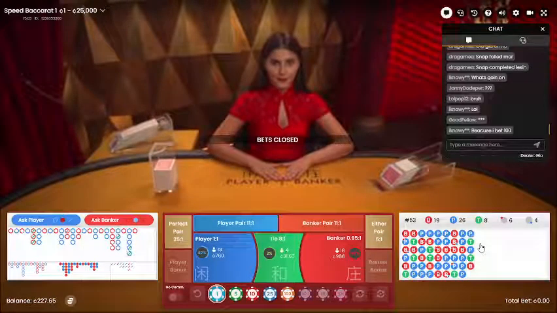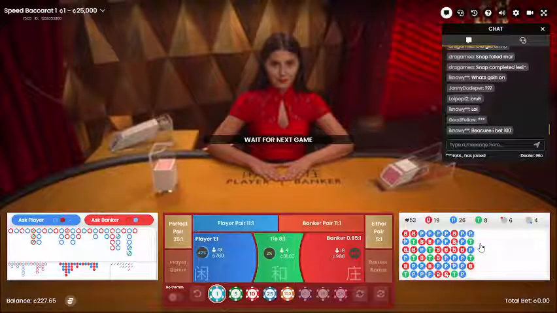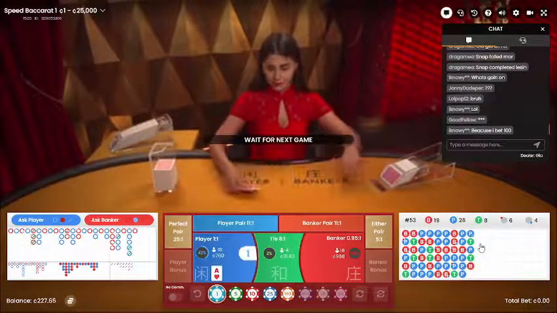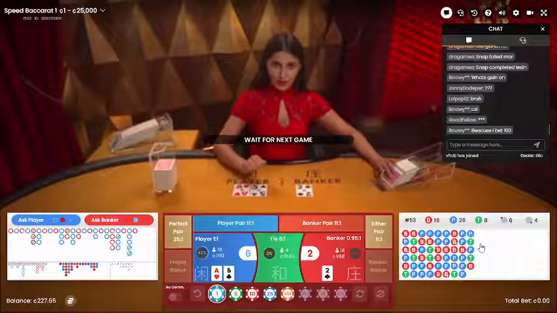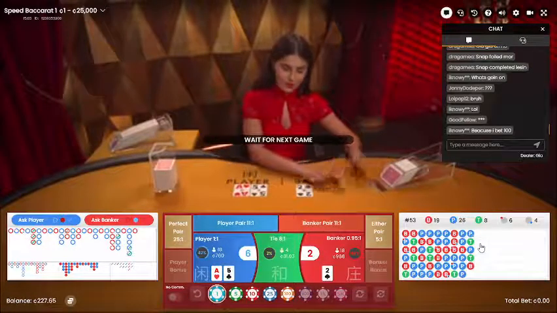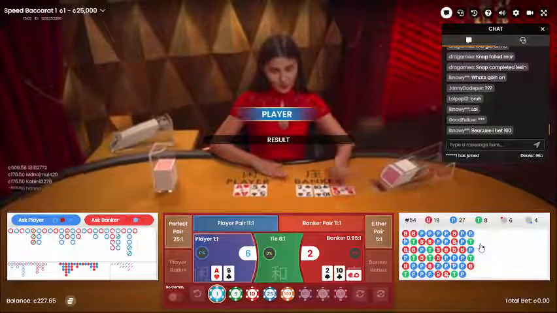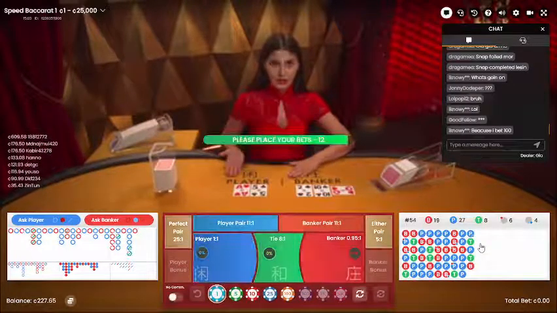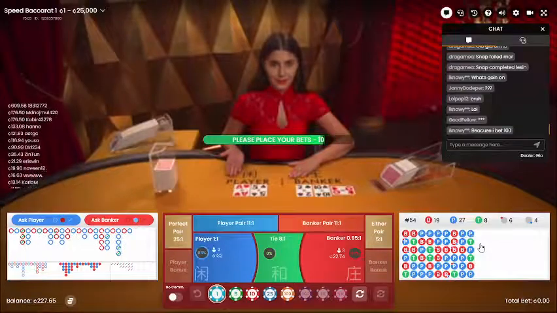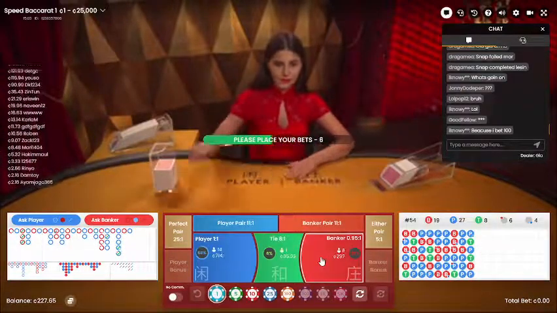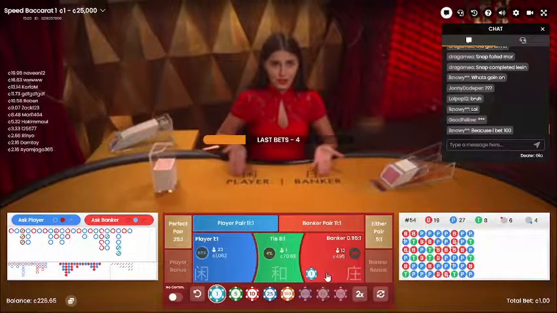Okay, so let's wait for the last outcome and then we'll start placing our bets once again. Okay, so that went for player. So we start playing banker.